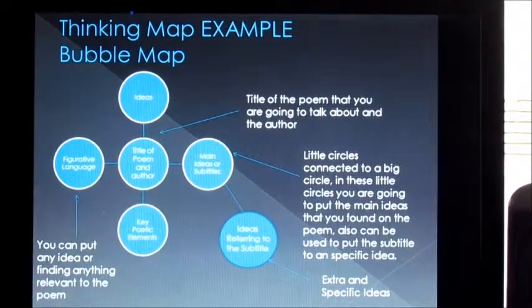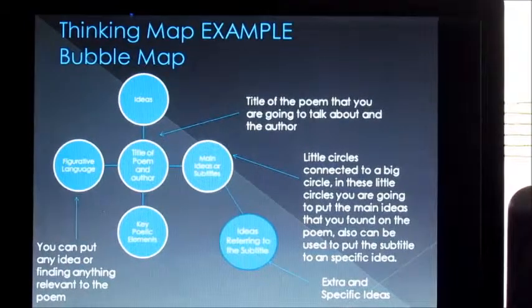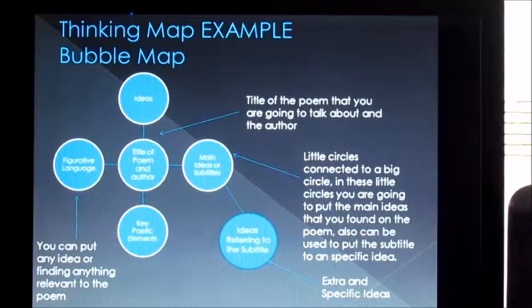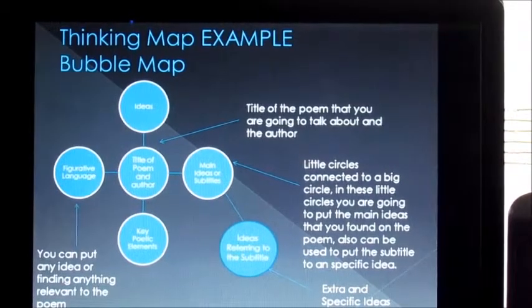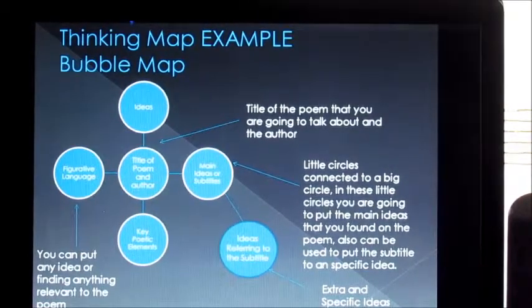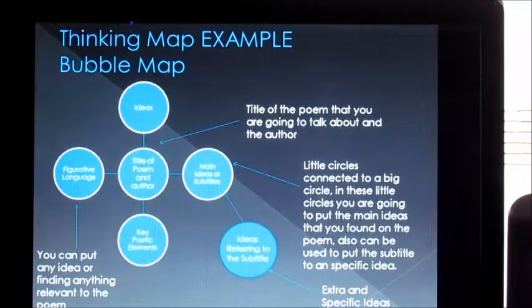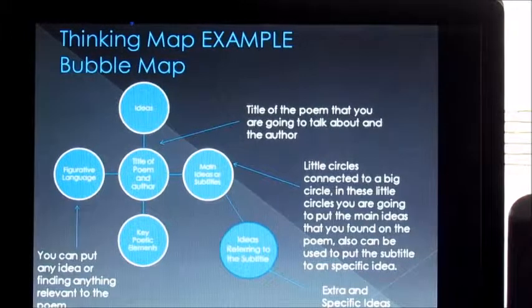Also, this can be used to put a subtitle of a specific idea. If you're going to use them for a subtitle, you should put other circles around it. These circles inside are ideas referring to the subtitle, and this will have extra and specific ideas. In these circles, you can put any idea of the finding, anything relevant to a poem, and that is related.